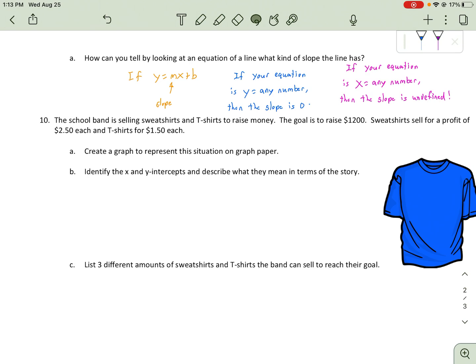All right, so first, what we know is they want to raise a certain amount of money, so I'm just going to call that P for profit. S is number of sweatshirts sold, and T is number of t-shirts sold.